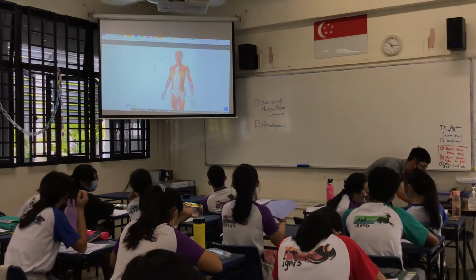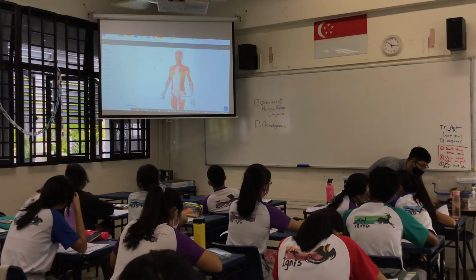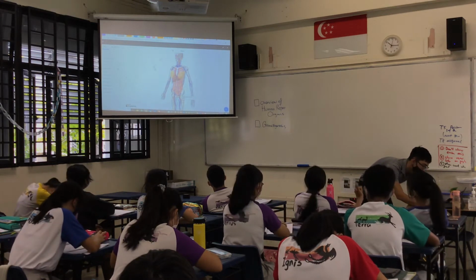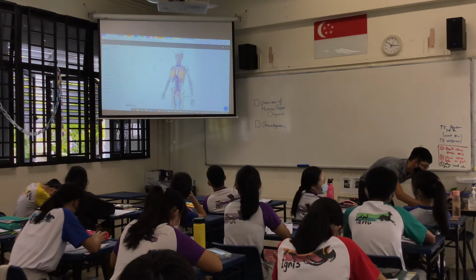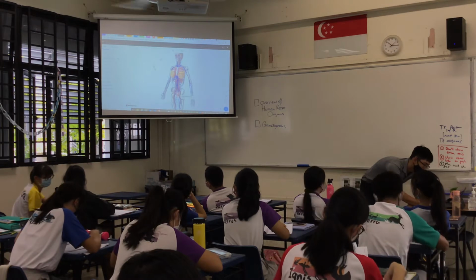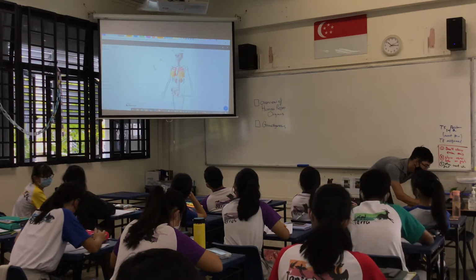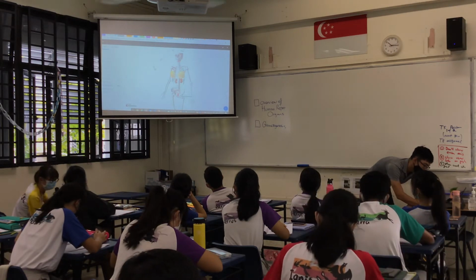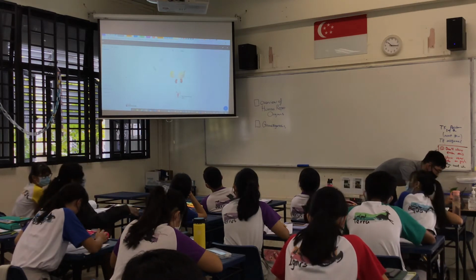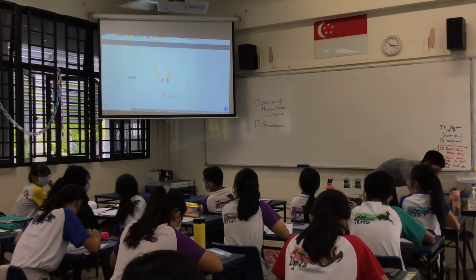Let's remove the muscular layer, the connective tissue, digestive system, endocrine, nervous, cardiovascular, respiratory, skeletal, and I'll leave it with the reproductive and urinary system.